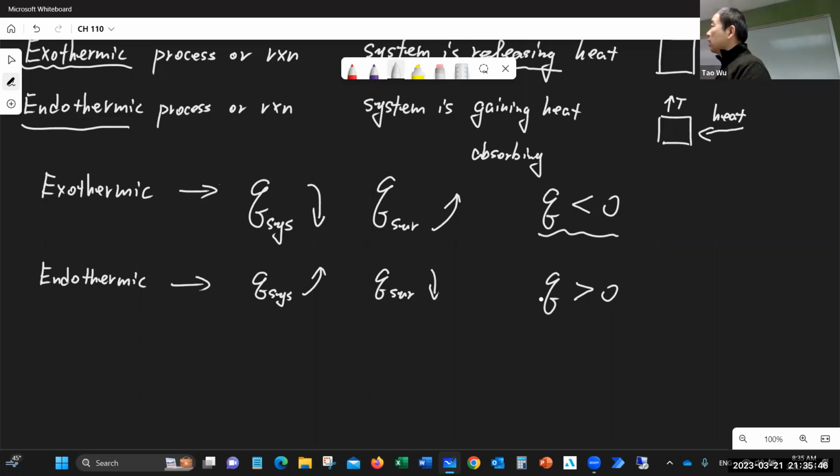That's why for the system itself, the heat is decreasing all the time. So we use a negative sign to represent that, because the system is losing the heat. Losing means negative. But Q is larger than 0 for endothermic, because the system is gaining the heat. Gaining means positive. So we have a positive sign for endothermic.